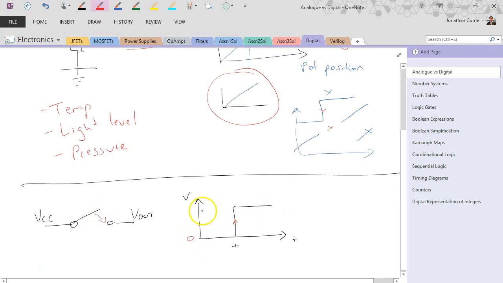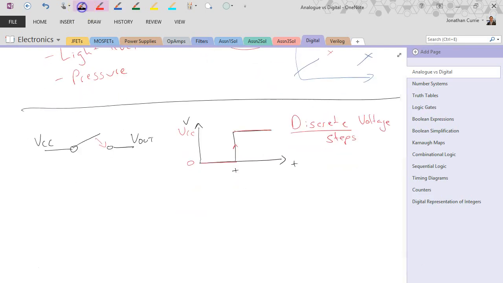So we have two, in this case, discrete voltage steps. Noting that word, discrete voltage steps, or just that word discrete in general. We have this value and we have this value. It does not exist between those. It's not possible to get any other voltage between those, assuming an ideal theoretical switch. This is a property of discrete signals.